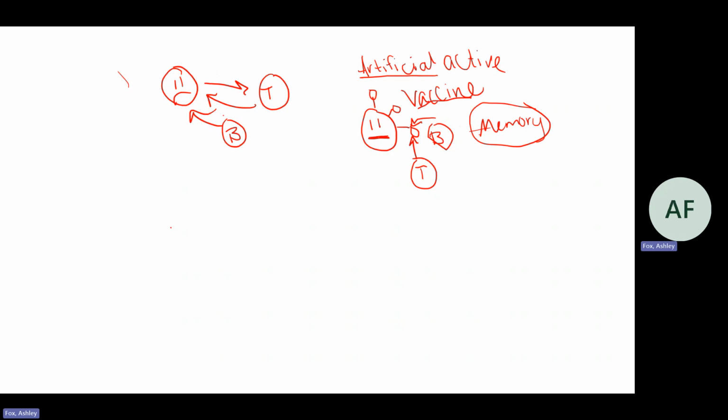And then we also have natural passive. That is when your immune system is not activated, but you're given the antibodies, and that's going to be maternal antibodies, from breast milk or through the placenta, especially IgG antibody. The G one is going to go through the placenta and milk.